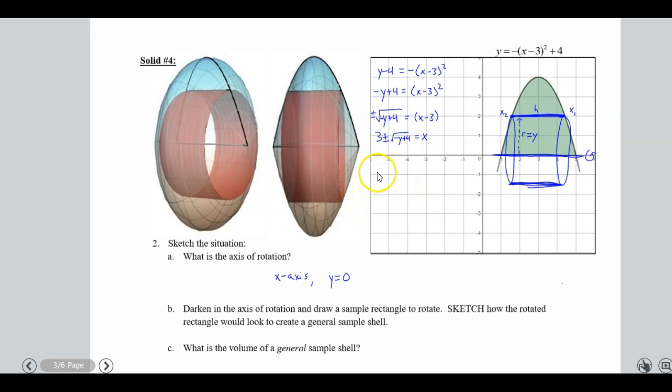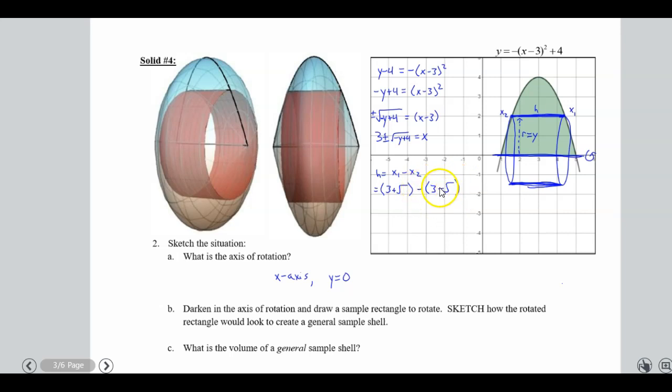So that gives us our different x1 and x2 that we're going to use. The height on this one, we'll say the height is x1 minus x2. And go and replace those. So this is going to be 3 plus the root. And I'm going to kind of shorthand this for a couple steps. So 3 plus that root minus 3 minus that square root.